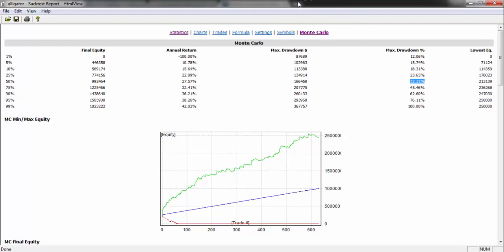Now this is something that should be noticed. At the moment, the drawdown is somewhere around the 25% mark, and at the 50% level we could be expecting 32.31%. So a 30% drawdown is very much there in this model.